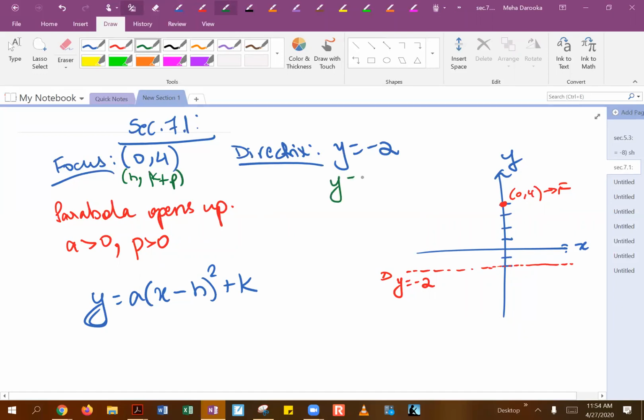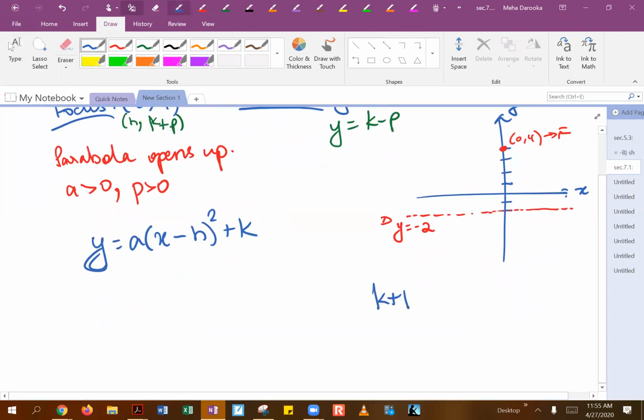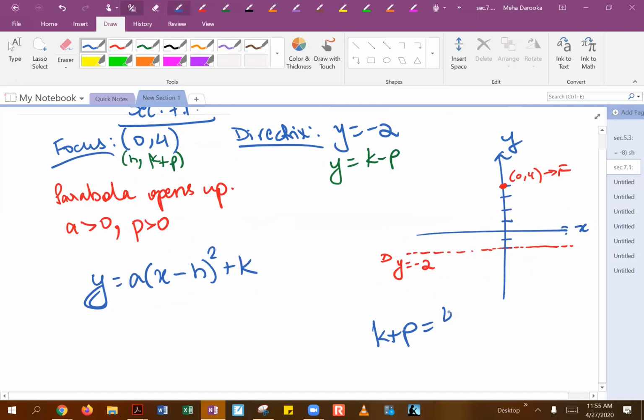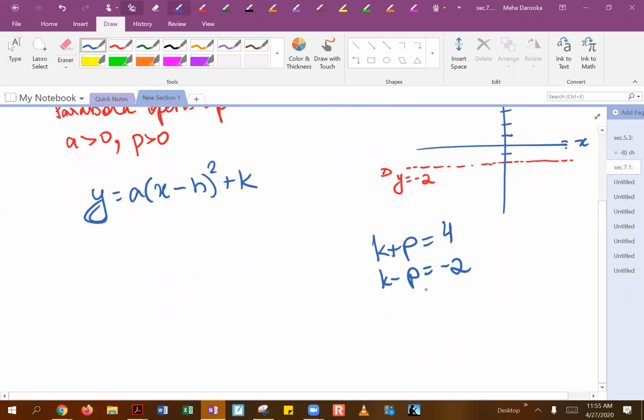And then the directrix is Y equals K minus P. So as I had shown in the video, you can use the equations K plus P equals 4 and K minus P equals -2. I'm just using this definition here and this definition here to come up with my system of equations. In this case, you don't have to do much because your P variable already has the opposite sign.